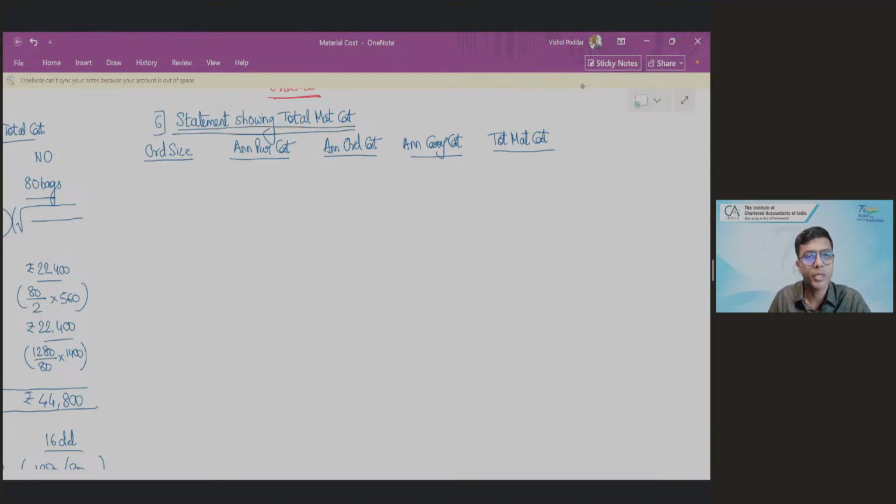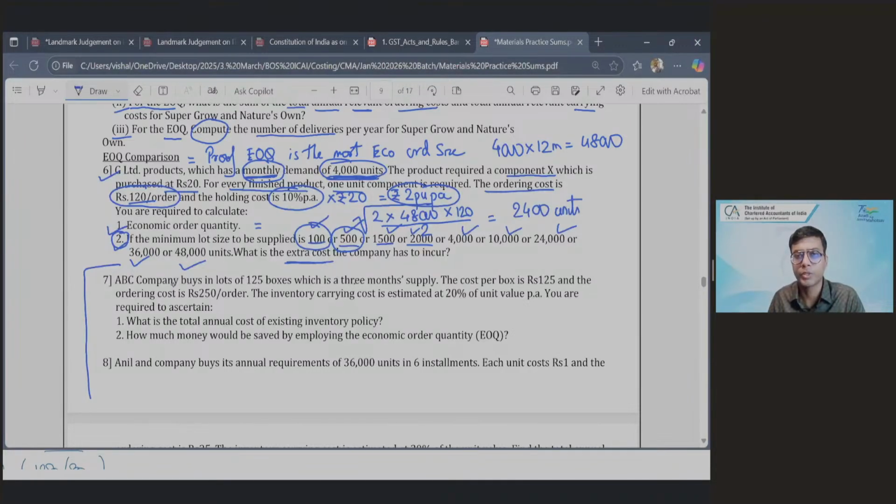Now, what are my order size options? One is the EOQ, which I have calculated. And then all other options which are given in the question, which we call ROQ. So 100, 500. See, I'm skipping one or two just so that I save time and can solve more questions.